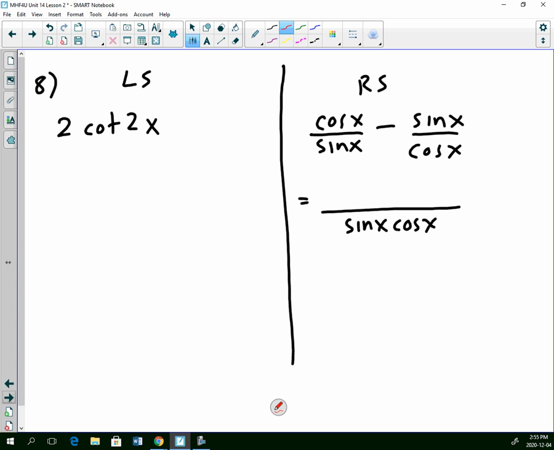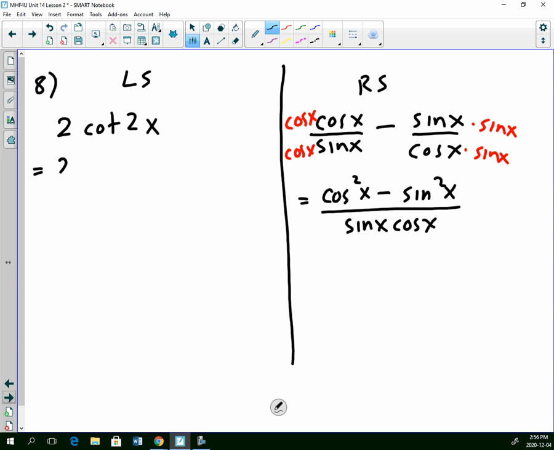And so this one would get multiplied by cosine, and this one by sine. So that leaves me with cos squared in the numerator, cosine times cosine, minus sine times sine is sine squared. Okay, and I'm just going to leave it for now because I can't really do anything else until I know what's going on the other side. So I don't want to just randomly start doing things.